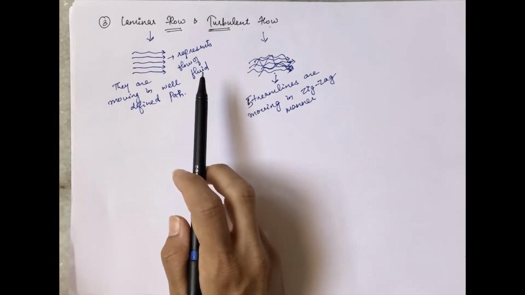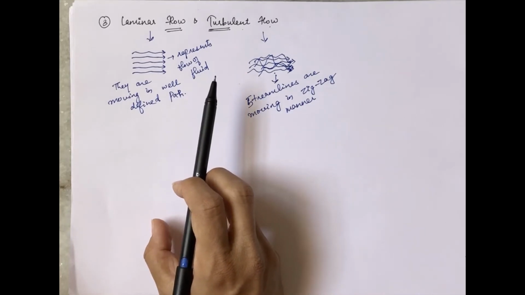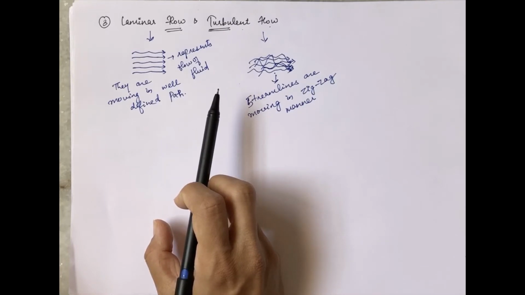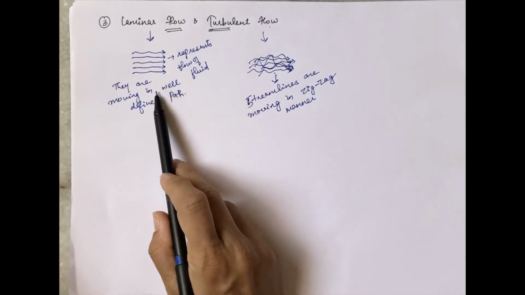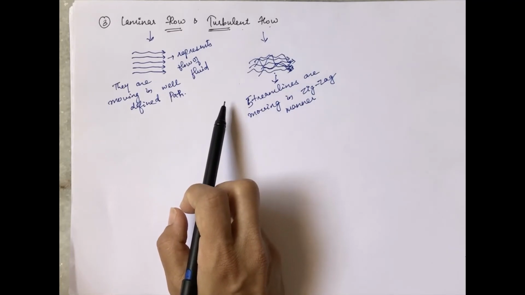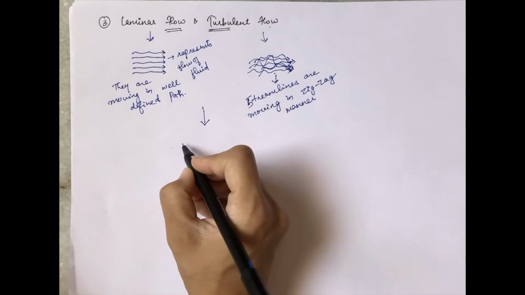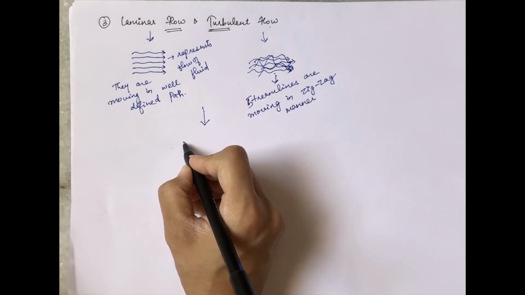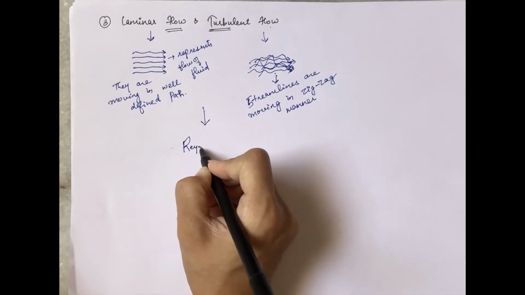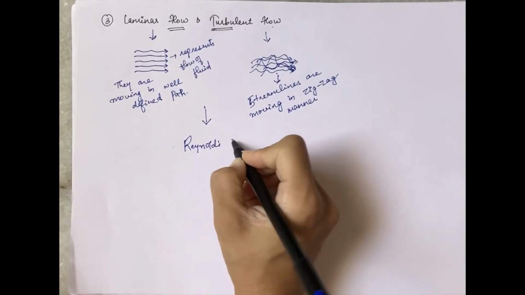Now while carrying out practicals or experiments with the naked eye, it becomes difficult to determine whether the flow is laminar or turbulent. So to determine that, we can use one of the dimensionless numbers, which is known as Reynolds number.